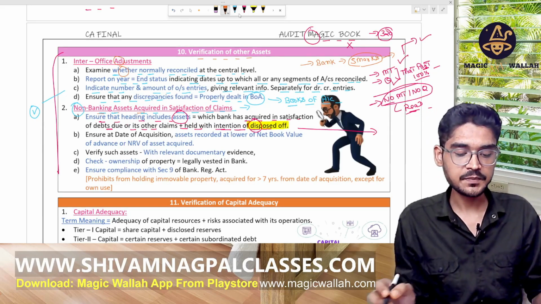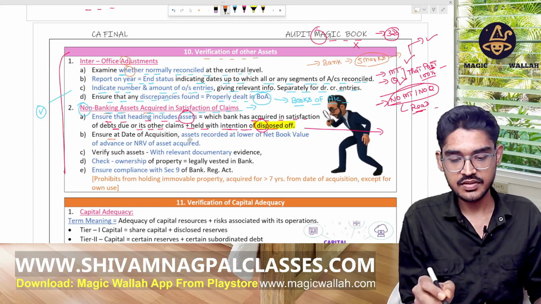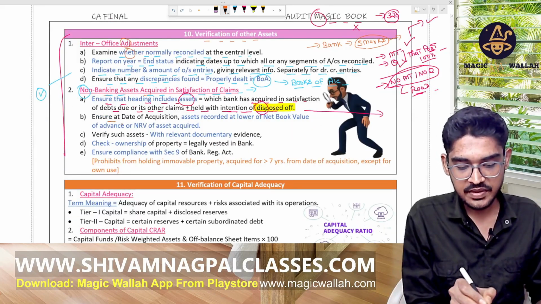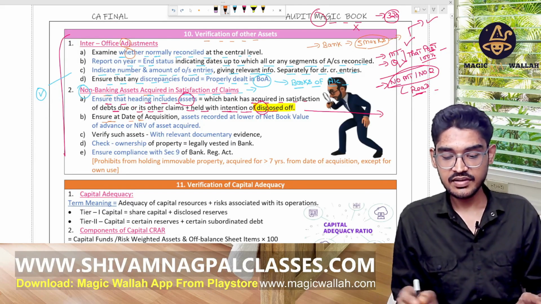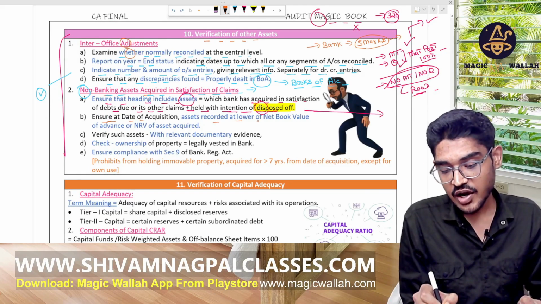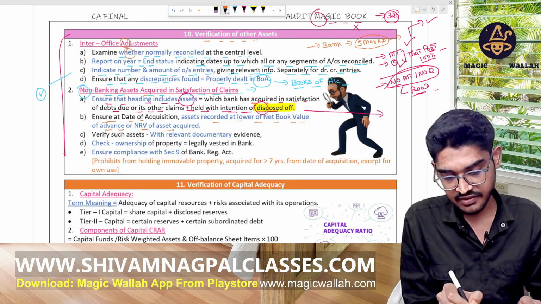Now, ensure at the date of acquisition the asset is recorded at the lower of the book value of the advance or the NRV of the asset acquired.